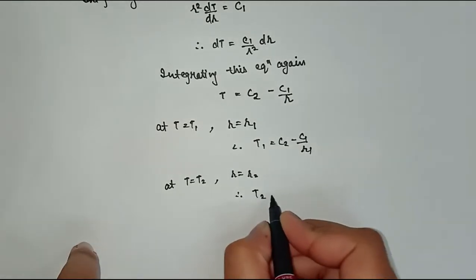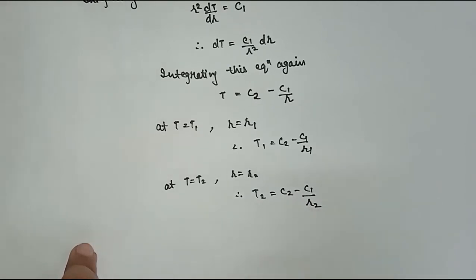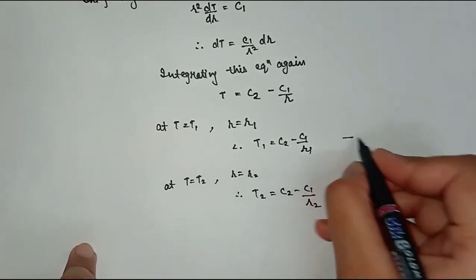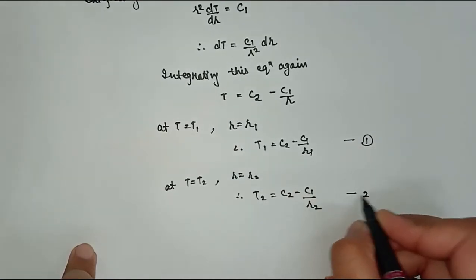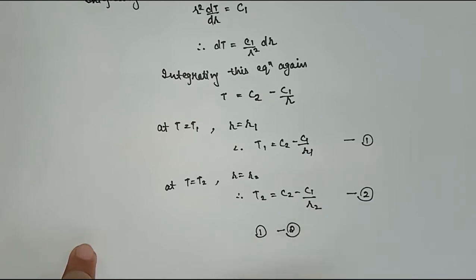Therefore, T2 equals to C2 minus C1 upon R2. Let's name this as equation 1 and 2. Now subtracting equation 2 from equation 1, we will get T1 minus T2 equals to C1 into 1 upon R2 minus 1 upon R1.